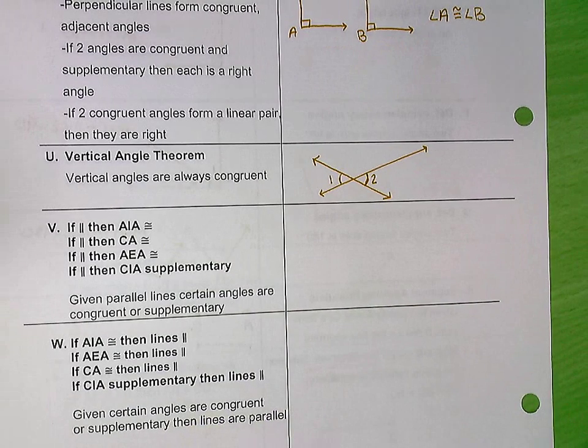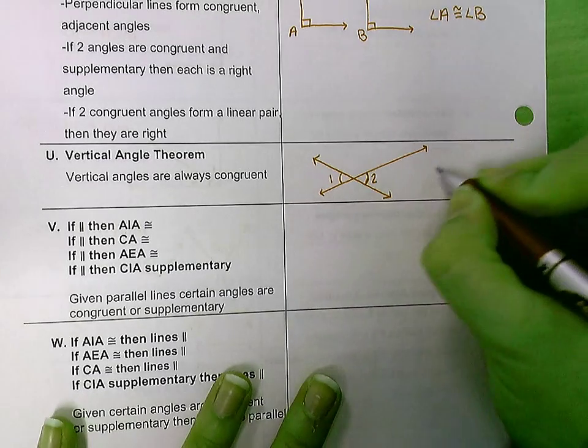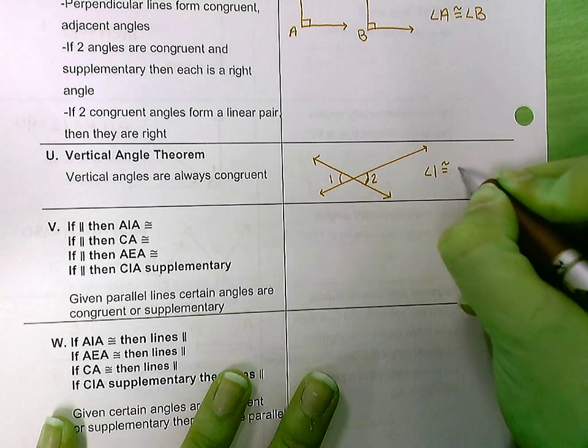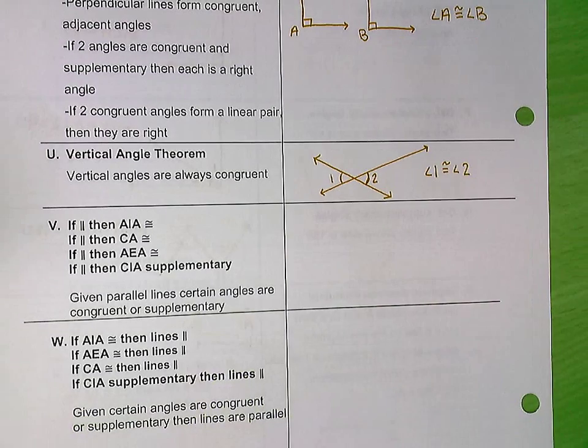Since those are across from each other and they're created by two intersecting lines, they are vertical. So I can say angle 1 is congruent to angle 2 by the vertical angle theorem. Most of the time when you're using the vertical angle theorem, it's one of your freebies. Like the assignment from Friday, you had those two triangles and angles 1 and 2 were vertical. You could say they're vertical by the vertical angle theorem. It's usually one of your freebies in your picture.